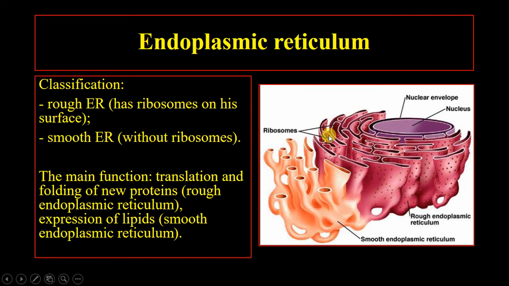So rough endoplasmic reticulum has ribosomes, and smooth endoplasmic reticulum has no ribosomes. The main function of the rough endoplasmic reticulum is translation and folding of new proteins.